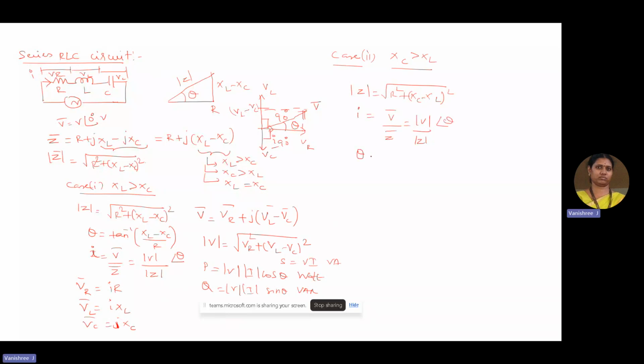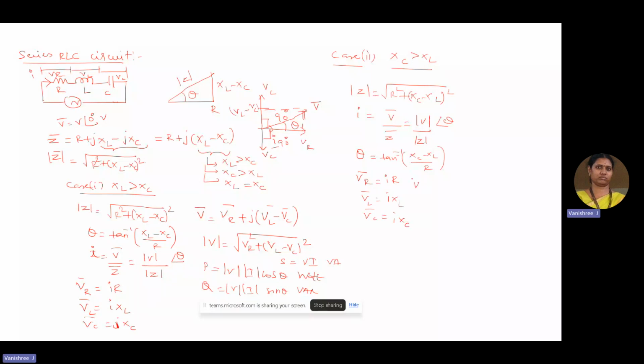So theta can be given by tan inverse of (XC minus XL) divided by R. Once after determining the value of I, we will be able to calculate the individual drop across the elements. So VR can be given by I into R, VL can be given by I into XL, and VC can be given by I into XC.